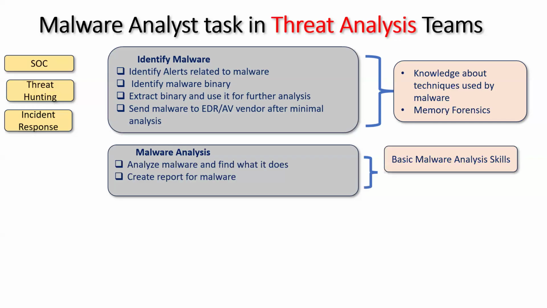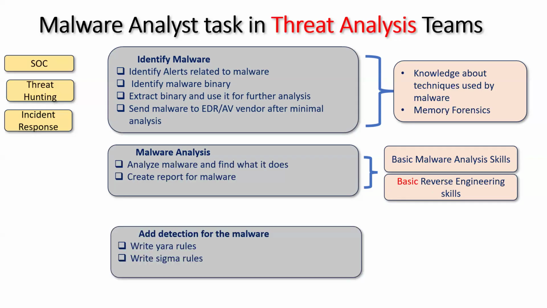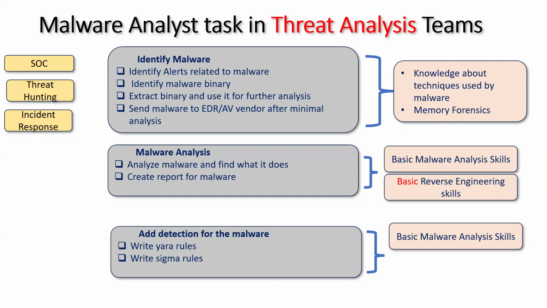So for this also they require some basic malware analysis and basic reverse engineering skills. And they are sometimes required to add detection for the malware. They can do that by writing Yara rules or writing the Sigma rules. So for this, they require skills like basic malware analysis and basic reverse engineering skills.